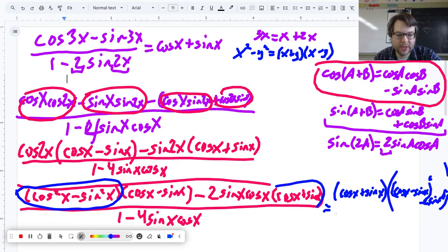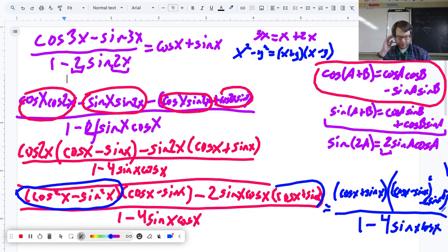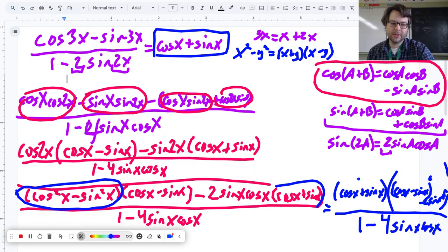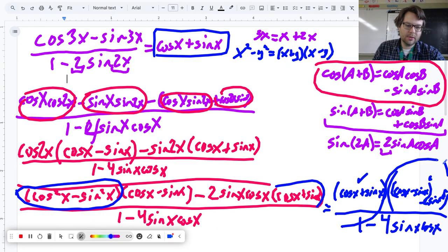Minus 2 sine cosine. And all that's over 1 minus 4 sine x cosine x. Now, one thing that's nice is that in my original problem, I saw that my goal was cosine plus sine, and I have a cosine plus sine. So now I just need to look at all the rest of this and hope that it equals the number 1.